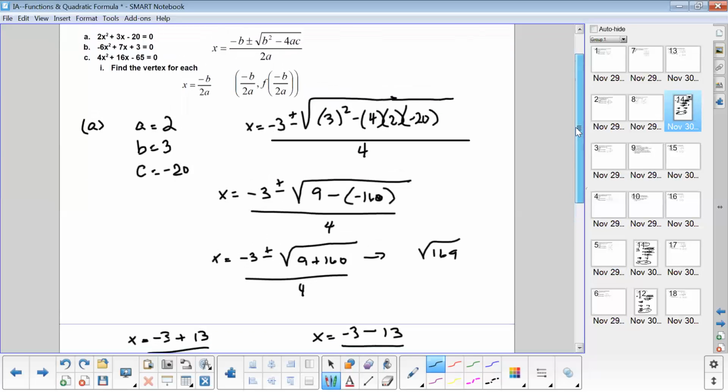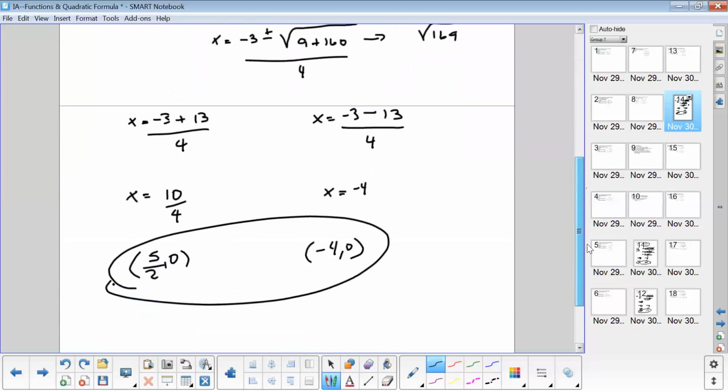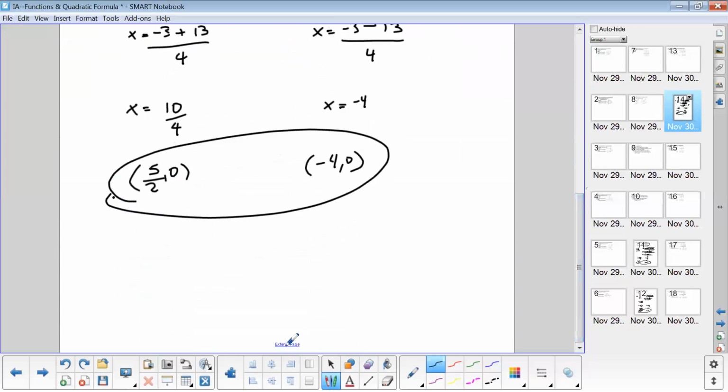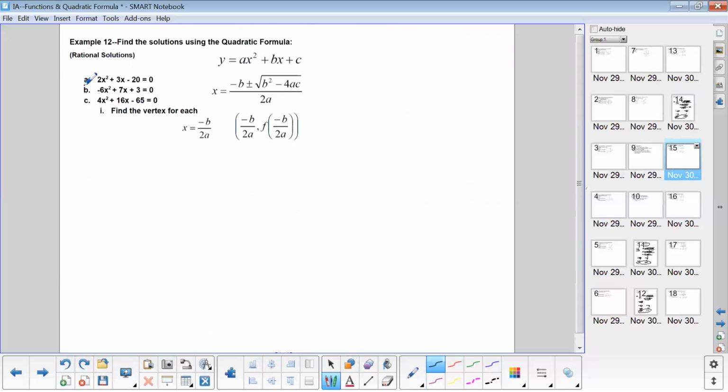Now, if I want to find the vertex, I'll just go to the next page here. If I want to find the vertex of part A, then that's going to be x equal negative b divided by 2 times a. So that'll be x equal negative 3 fourths.